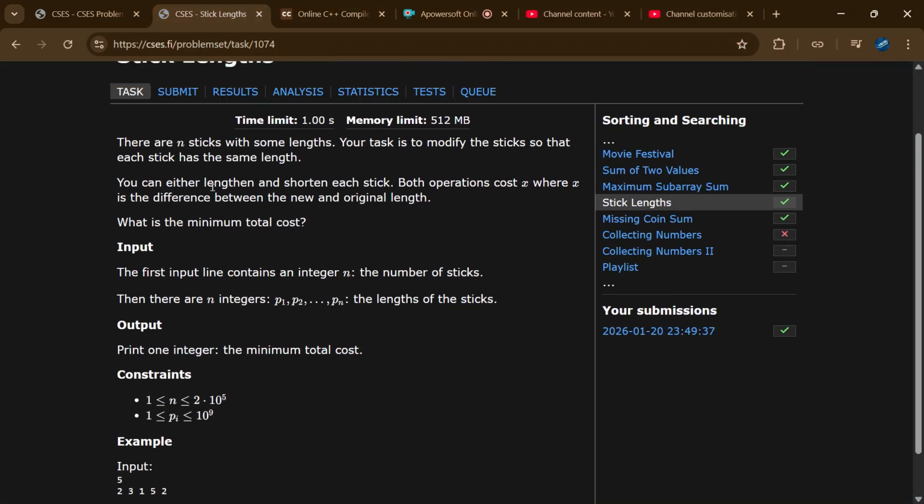What we have to do is make the sticks the same length, like we have to make them equal. And how can we make them equal? We can either shorten or elongate them, and there is a cost to these operations. And what is the cost? The difference between new and original length.